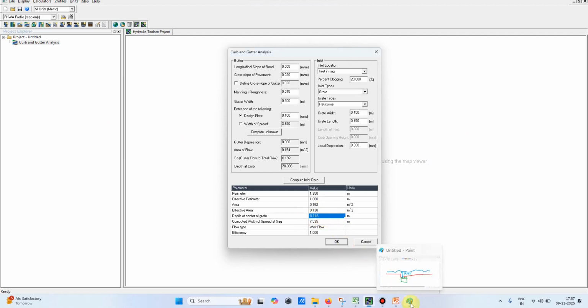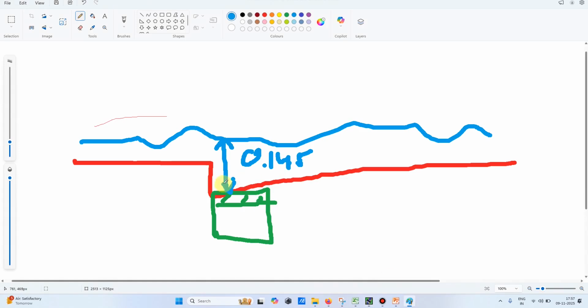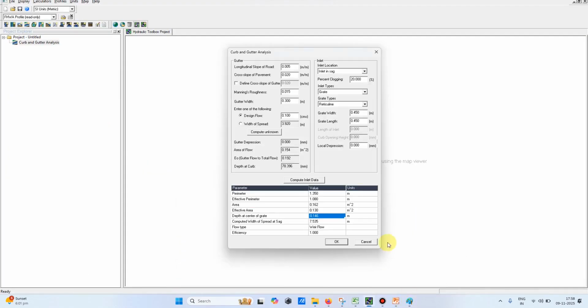So what I have to do is provide one more inlet here, a double inlet. A double inlet will work. Let me check that. So I will propose a double inlet here, and I will increase its size to double, 0.45 to 0.90. Let me try this.